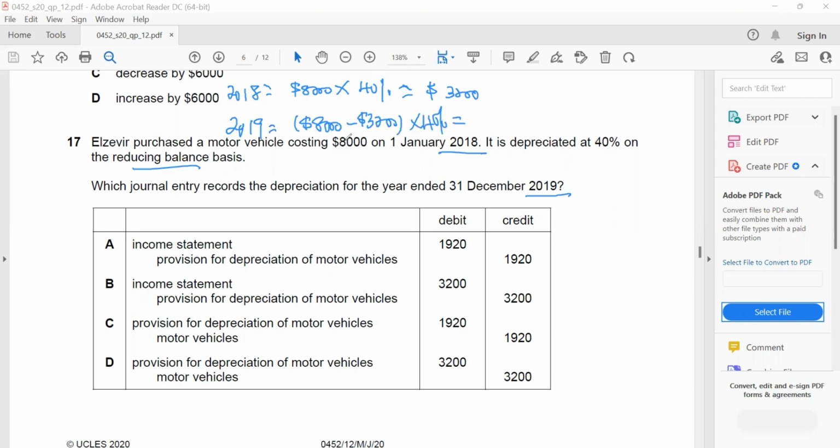This is the reducing balance method. 8,000 minus 3,200 times 40% is 1,920. So this is the entry we should make. The depreciation double entry must be debit income statement, credit provision for depreciation. This is a standard double entry, like a formula that you need to memorize.